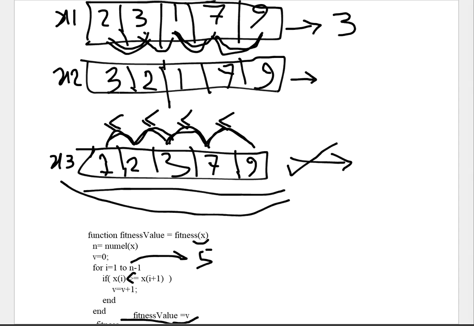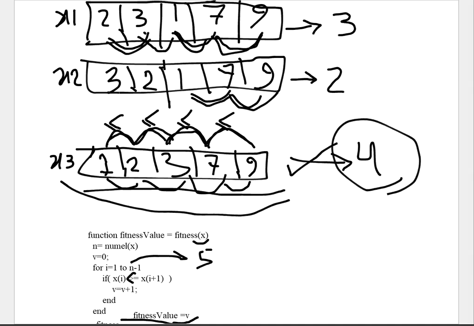It is okay, and it is okay. So for x2 it is 2, two values are greater. For x3 it is 4: 1, 2, 3, 4. So it is the best, the greatest fitness. And between x1 and x2, x1 is better. It is a fitness function to calculate the order of the values.